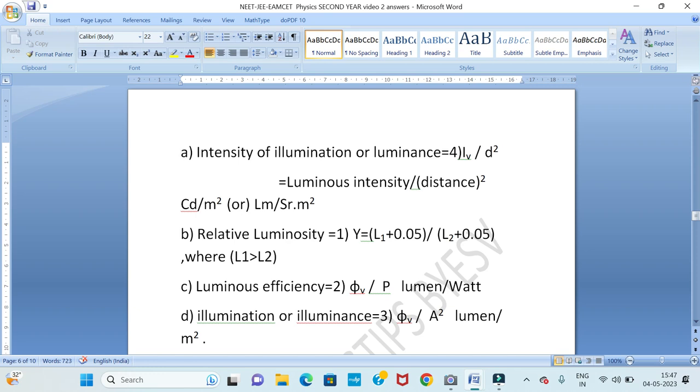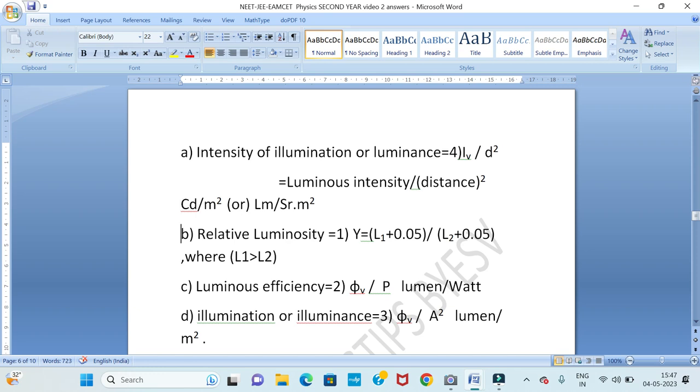Relative luminosity is the luminous flux of a source of a given wavelength by the luminous flux of peak sensitivity wavelength. Both are the same units, so finally there are no units for relative luminosity. Here L1 should be greater than L2.